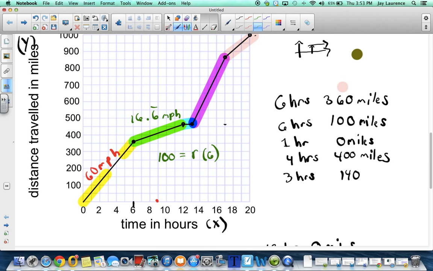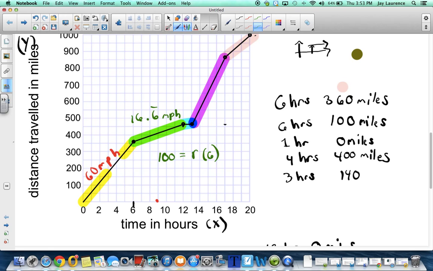It could be that there's a traffic jam, and people are slowing way down. I think those are pretty good reasons. Now, that's an average speed. It doesn't mean the car is actually going 16 2/3 miles per hour at any given moment in that green segment. It means that's the average speed during that time.